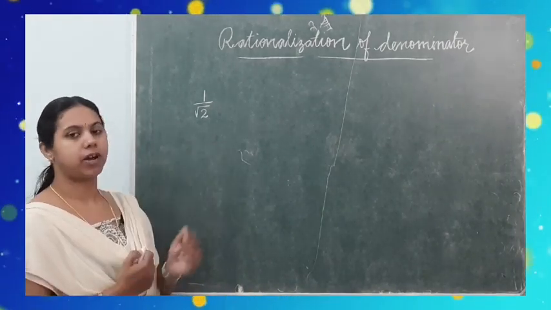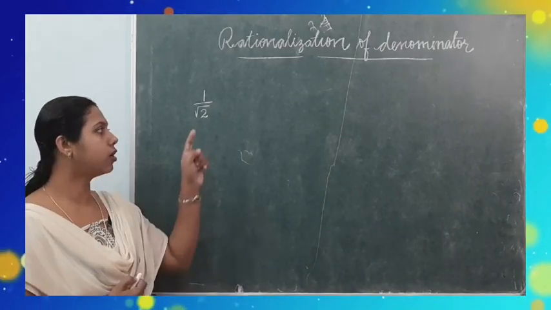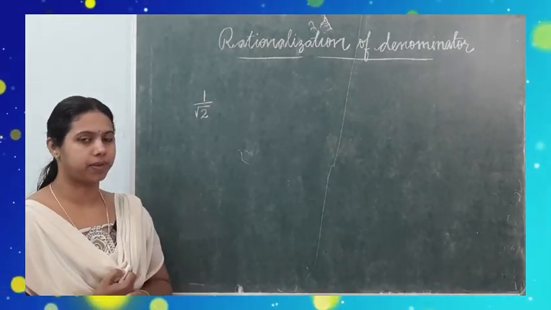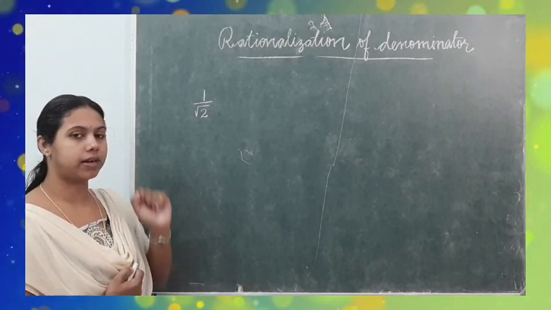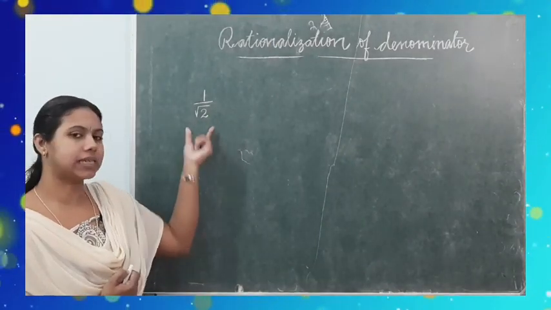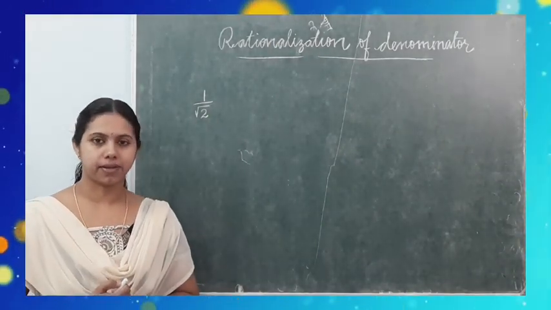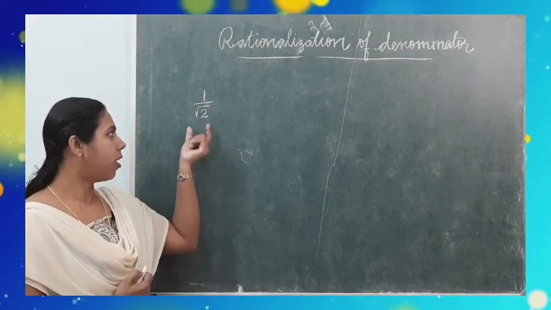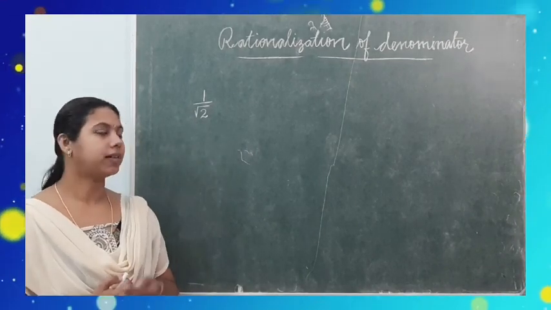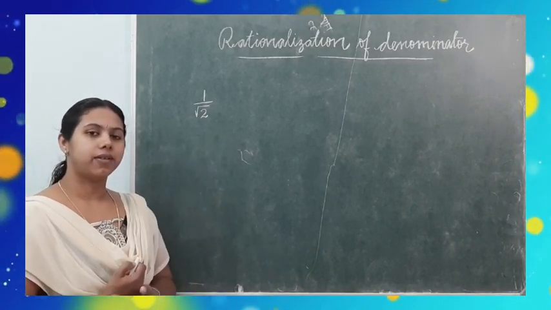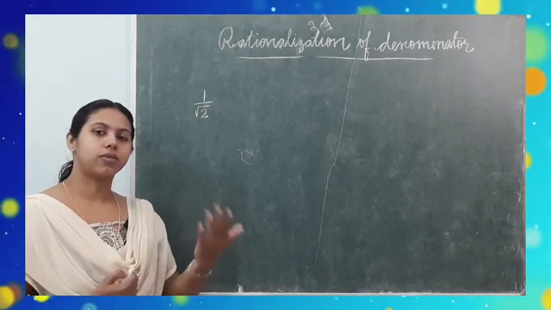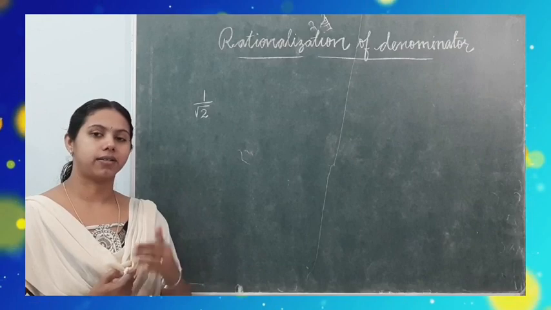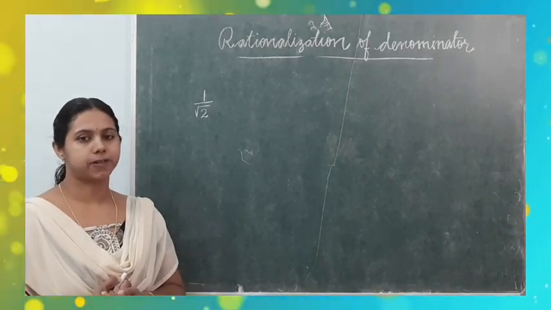Consider this example, 1 by root 2. Here root 2 is an irrational number. So in this number, the denominator is an irrational number. If the denominator is a rational number, it is very easy to multiply or add or subtract, whatever it is.